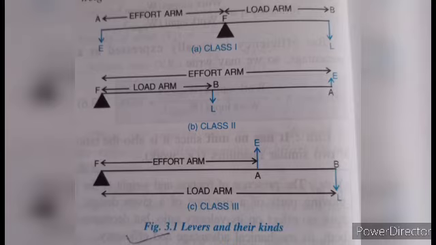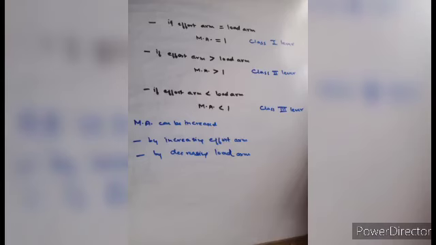Now, we all know we have mechanical advantage. If the effort arm is equal to the load arm, then our mechanical advantage will be equal to 1. If the effort arm is greater than the load arm, then the mechanical advantage will be greater than 1. And if the effort arm is less than the load arm, then the mechanical advantage will be less than 1.